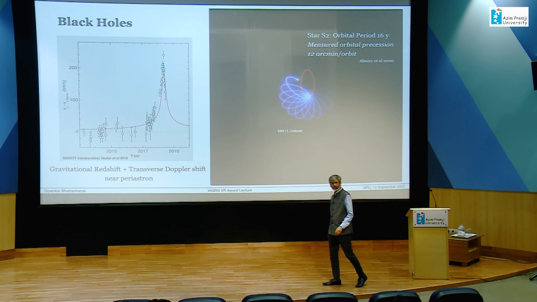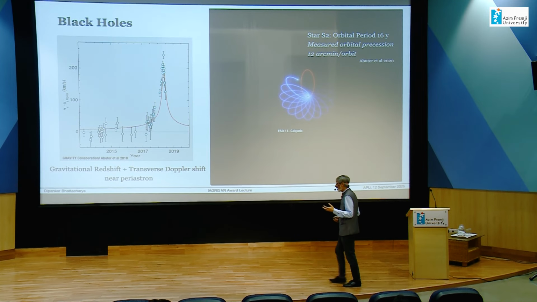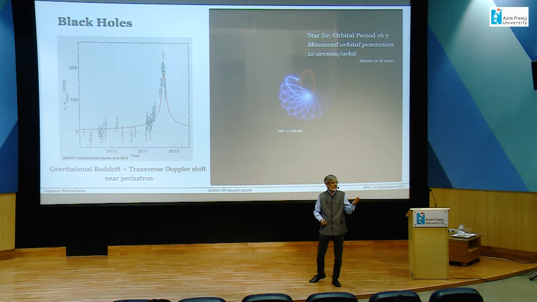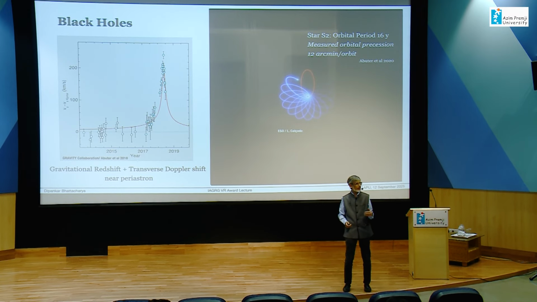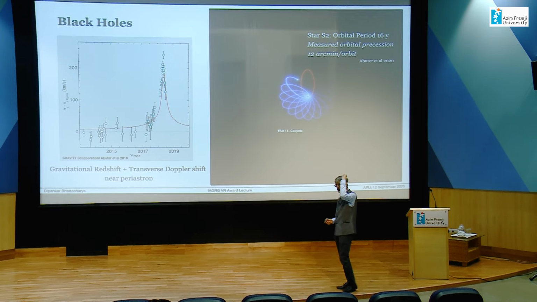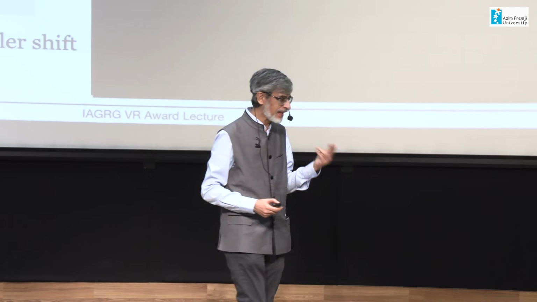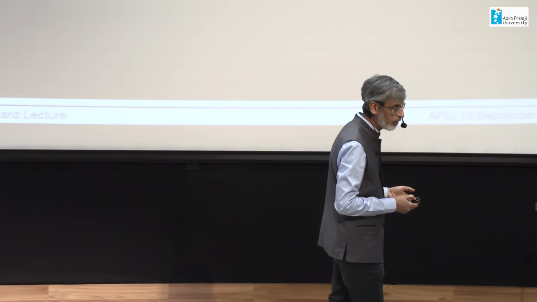And this happens because there is a time dilation of the signal coming from there to here. So the frequency gets an excess redshift because of the gravitational redshift, because photons have to climb this gravitational potential. So there are two effects which combine the same way, so we can only find the sum of them.